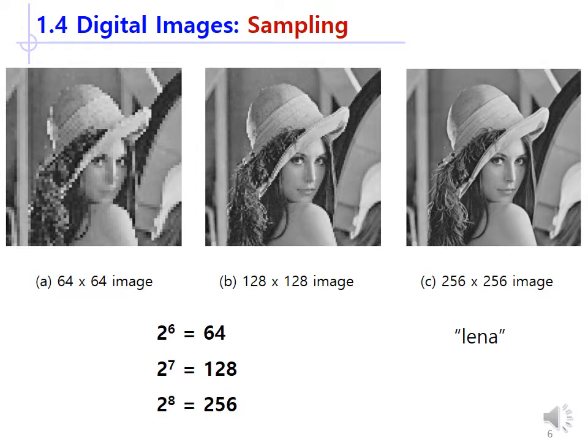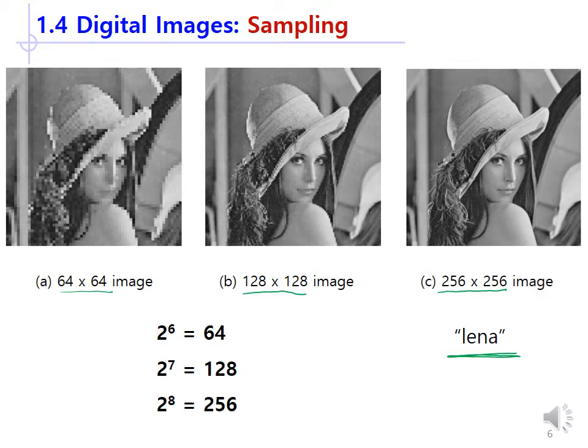This image of a lady is very famous in the computer vision area. The name of this image is Lena. Lena is her name, and almost all textbooks use this image to demonstrate the result of image processing. The three pictures of 64 by 64, 128 by 128, and 256 by 256 show the effect of the number of pixels. We call it resolution.